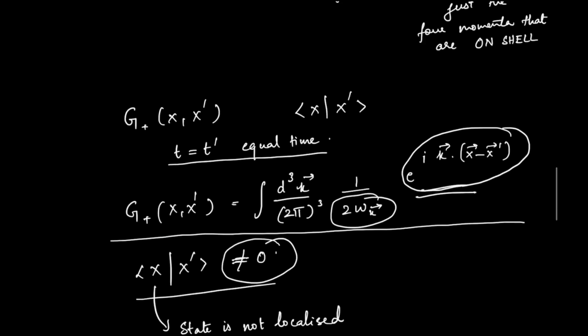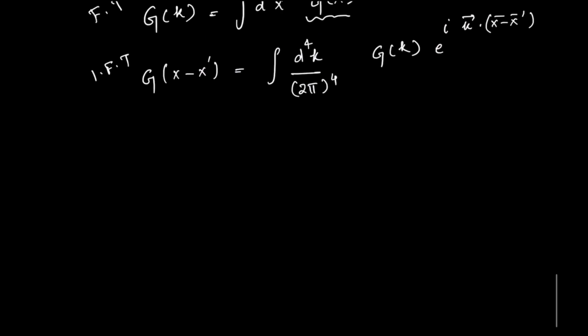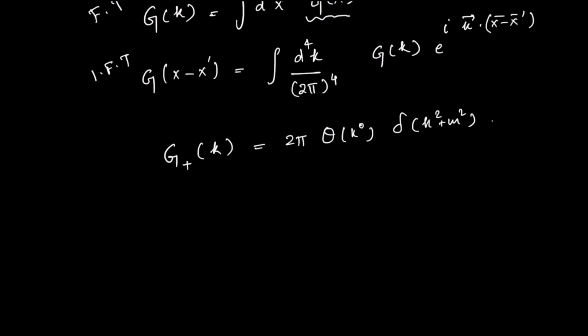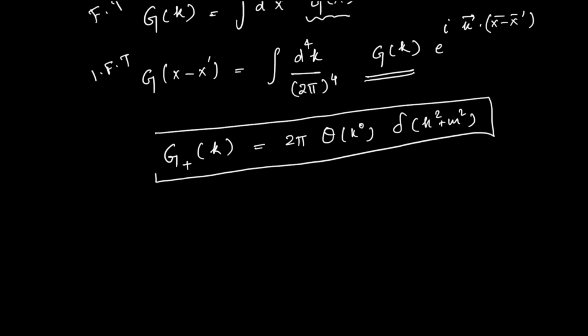If I compare these two equations, then I can write g plus of k is equal to 2 pi theta of k0 delta of k square plus m square. So this is the expression for g plus in the k space.